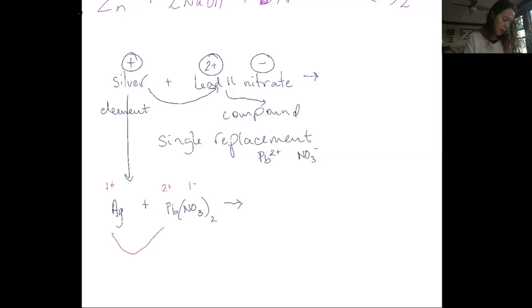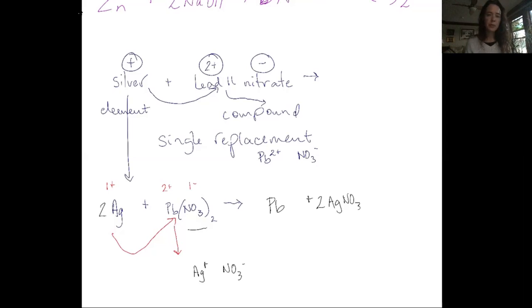Silver is going to move in and kick lead out, okay? So we will now have lead by itself. Is it diatomic? No, leave it alone. And now silver with a 1 charge will be with nitrate with a 1 charge to make AgNO3. There's 2 nitrates over here, so I need a 2 here, so I need a 2 in front of my silver.